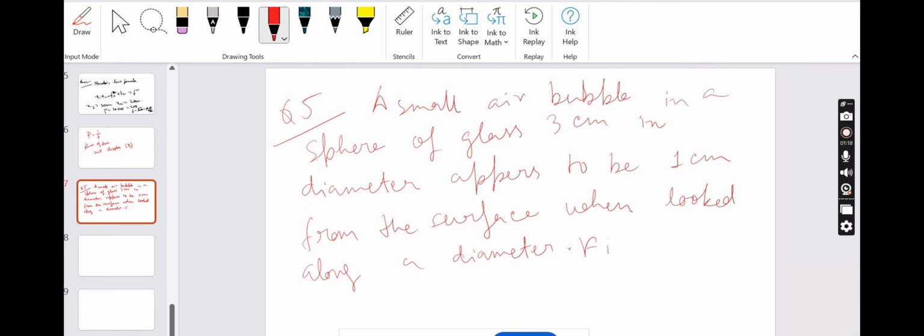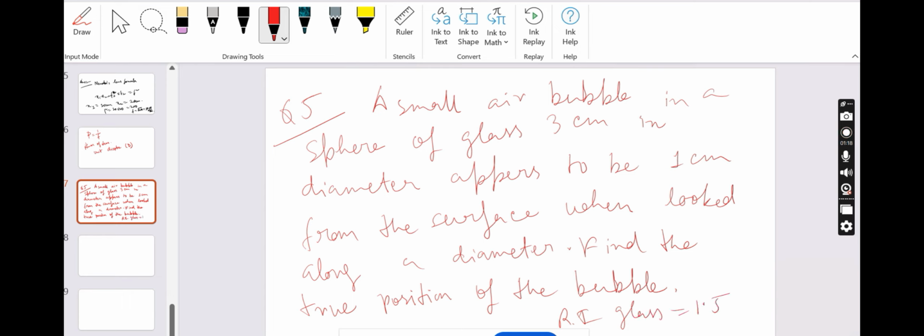Find the true position of the bubble, given the refractive index of glass is 1.5.